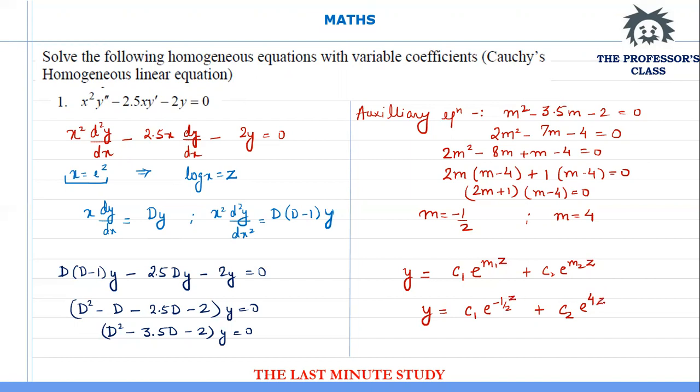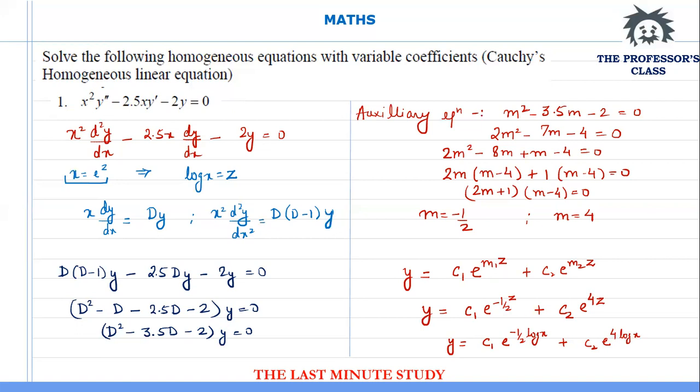Now, if I substitute the value of z, that is log of x, I can get a modified equation, which will become c1 e raised to the power minus 1 by 2 log x plus c2 e raised to the power 4 log x.